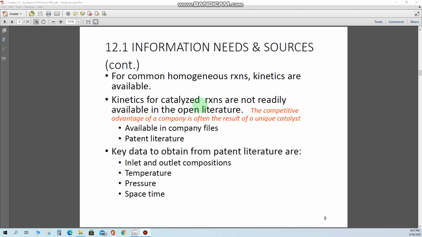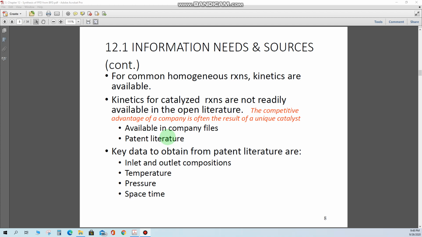Kinetics for catalyzed reactions are not readily available in the open literature. For reactions that happen in the presence of a catalyst, the data is not easily available in the literature, and sometimes you have to look at company files or the patent literature. But even there, it is very rare that you get the actual values for the rate constant and the pre-exponential factor and such things.